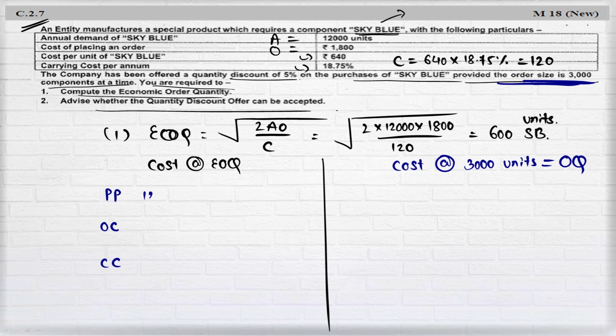Purchase price will be 12,000 units into 640. Ordering cost will be 12,000 units divided by 600 units multiplied by 1800, and carrying cost will be 600 divided by 2 multiplied by 120.